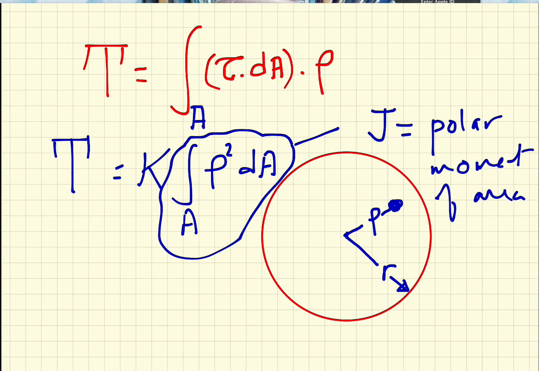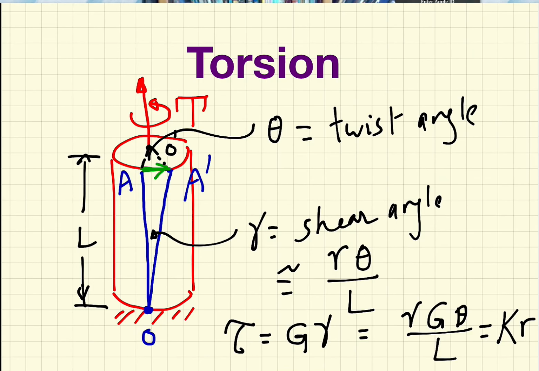Every cross section has a polar moment of area, and therefore the constant that gives us the proportionality between the stress and the distance from the center O is simply the torque divided by J. So the stress will be T over J times rho.